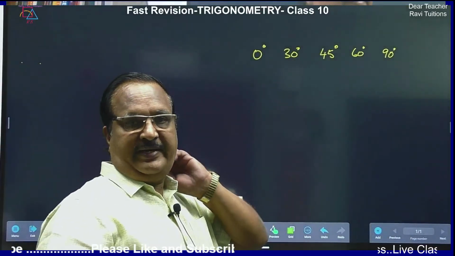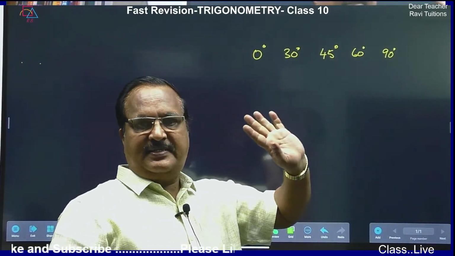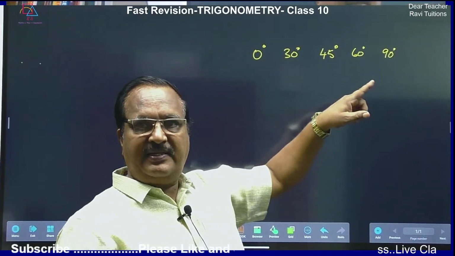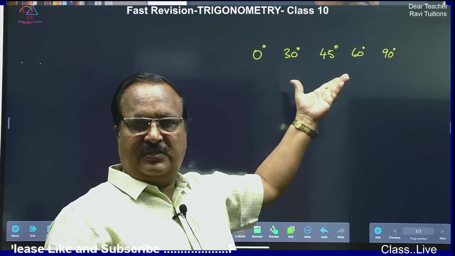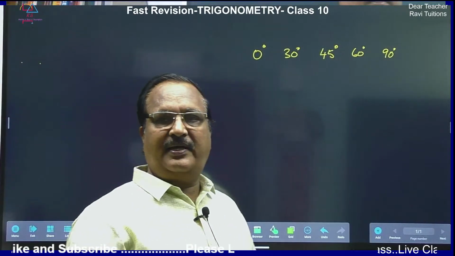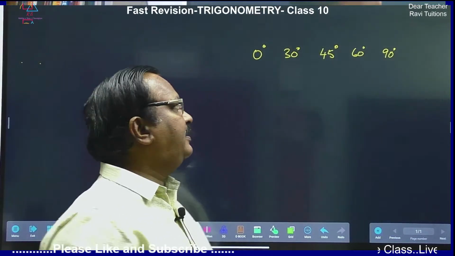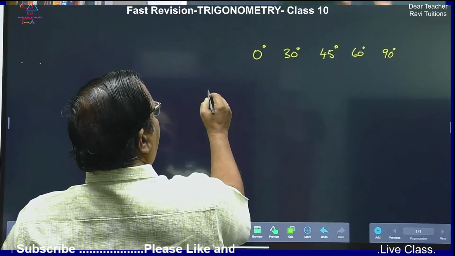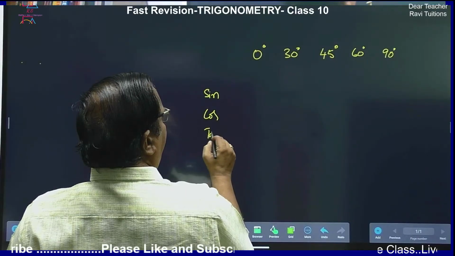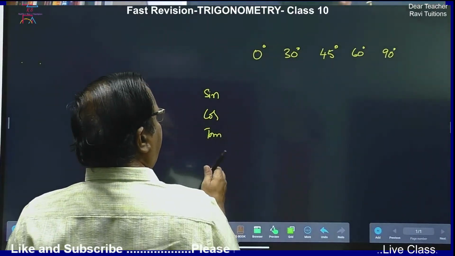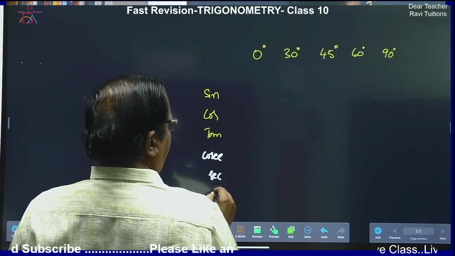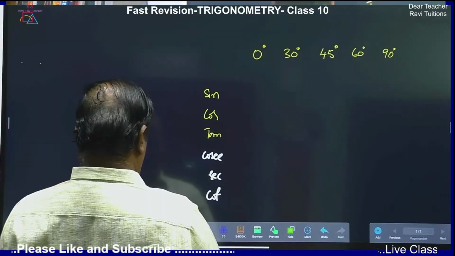Trigonometric ratios of only these angles are there in 10th class. These are the specific angles. We get these values directly from different triangles: right triangle, isosceles right triangle, equilateral triangle, etc. Now we need to find sine, cos, tan of all these angles, and cosecant, secant, and cot.